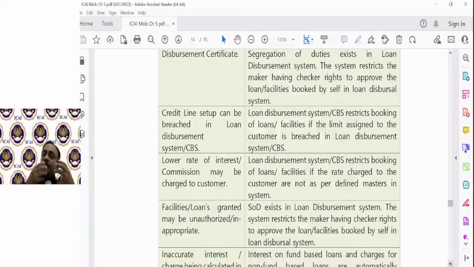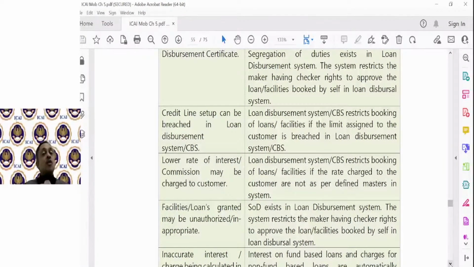Drawing power means the amount a borrower can get against, say, stock statement submitted. So we talked about, suppose the borrower submits a stock statement of 10 crores. Stock is security against which the banker can give a cash credit loan.